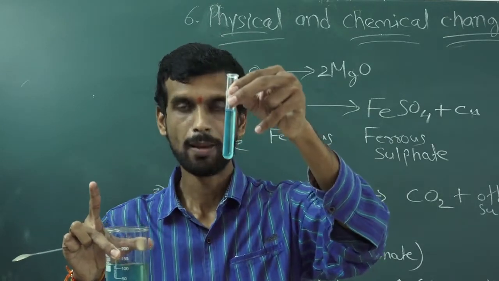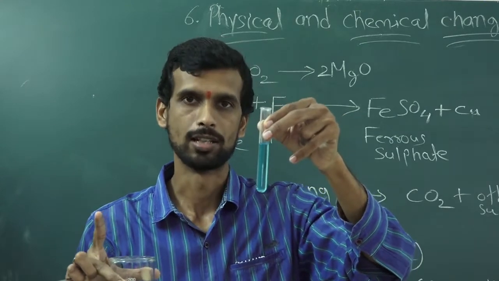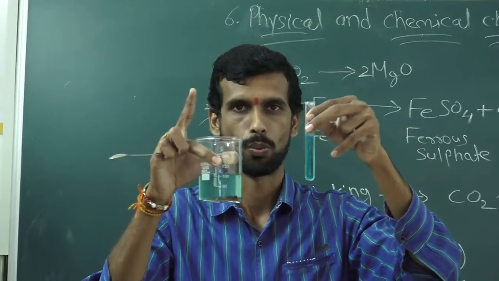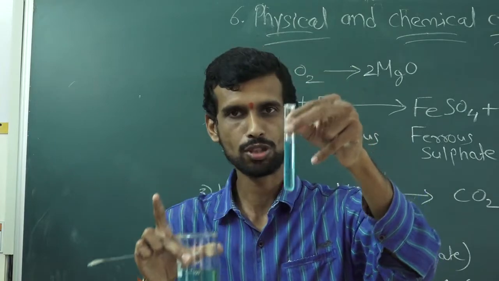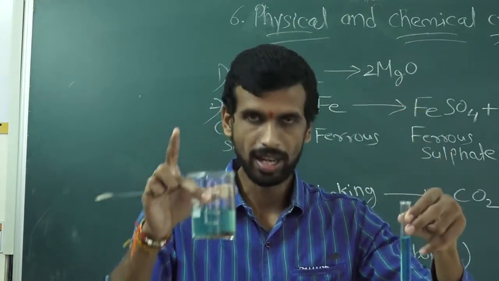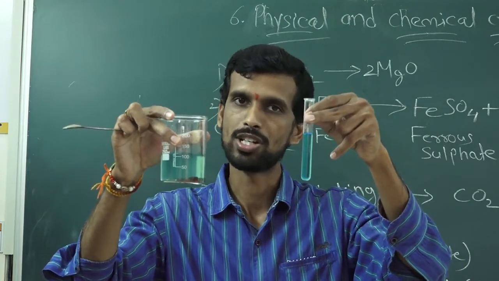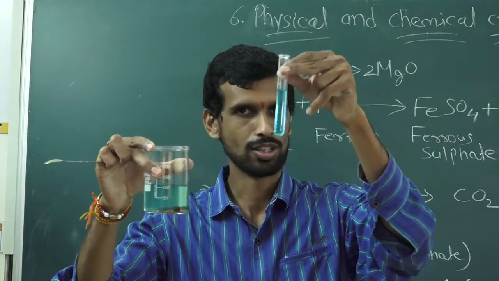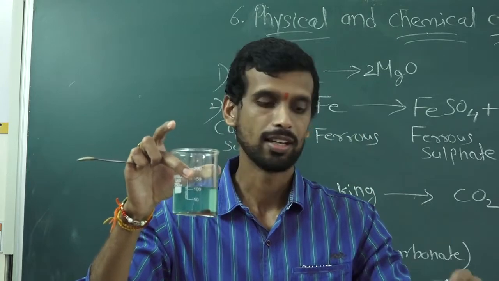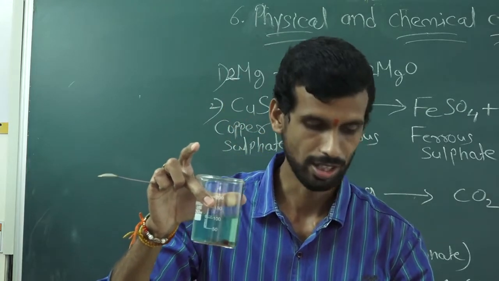I have separated it before adding the iron nail. Both were one only, but I separated it in a test tube before adding the iron nail, and then I added the iron nail. I kept it for 1 hour, and now the color is changing to greenish. Okay, first it was blue. After adding the iron nail, it is turning into greenish color.